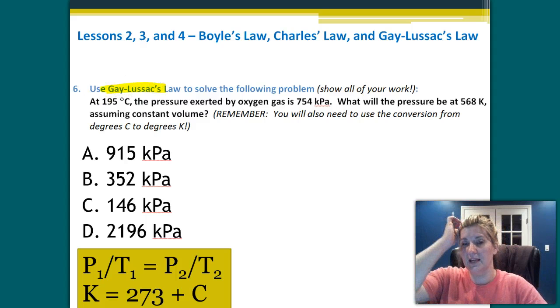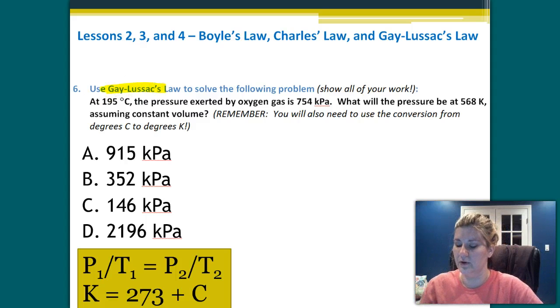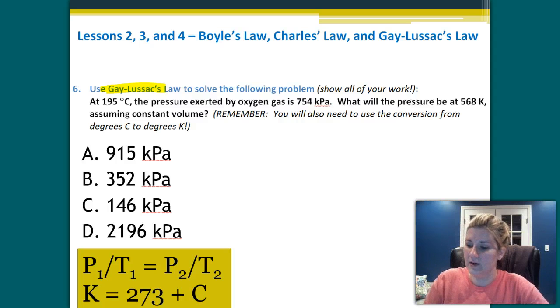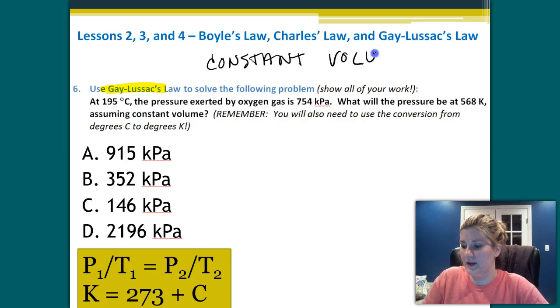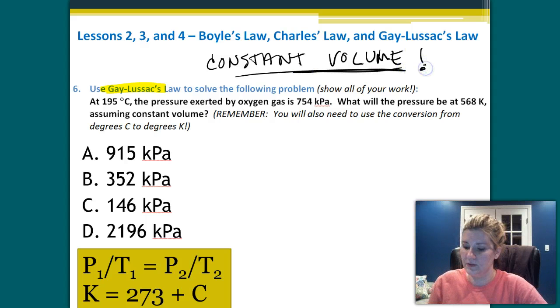In number 6, we're looking at using Gay-Lussac's law to solve a problem where we have constant volume. And we know it's constant volume because there's no volume in the equation. It's just changing P, 1 and 2, changing temperature, 1 and 2.